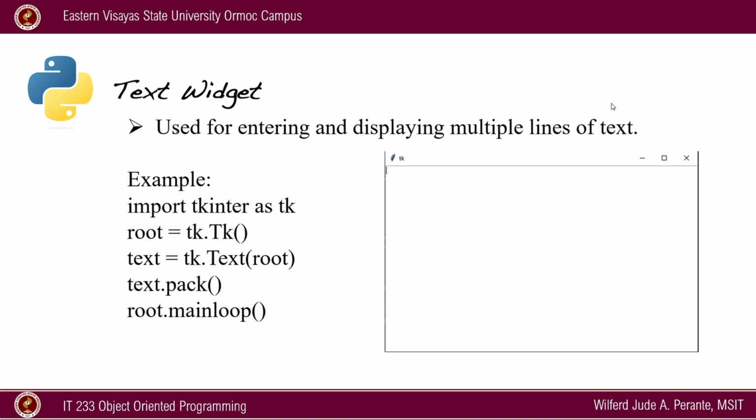Now for our text widget. The text widget is used for entering and displaying multiple lines of text. It provides a scrollable area, so if you have a large amount of text, it has a built-in scroll bar wherein the users can scroll.